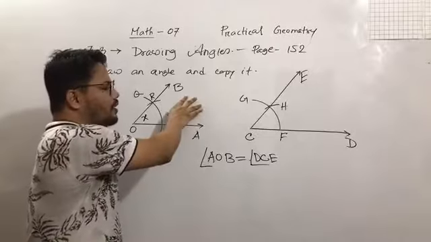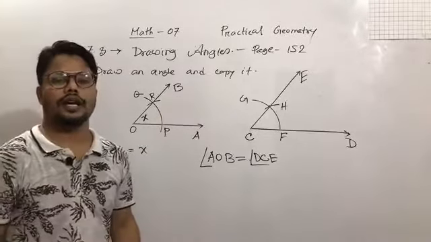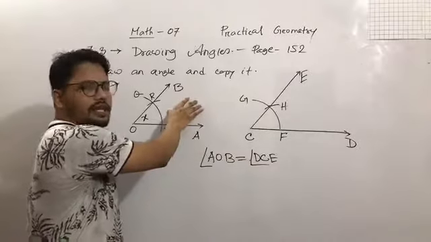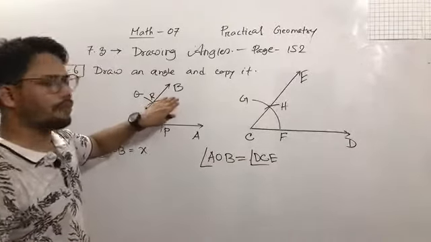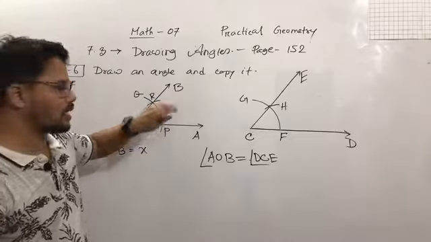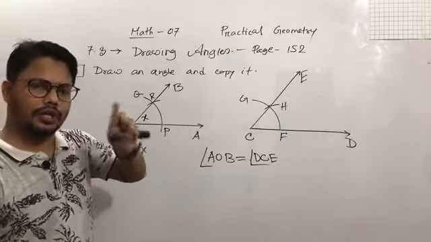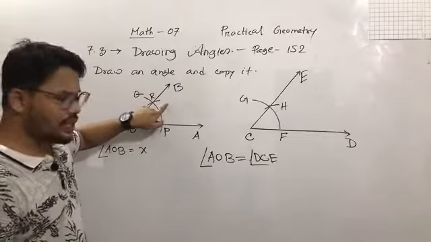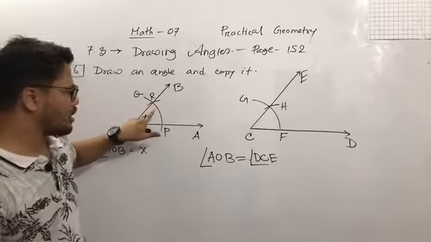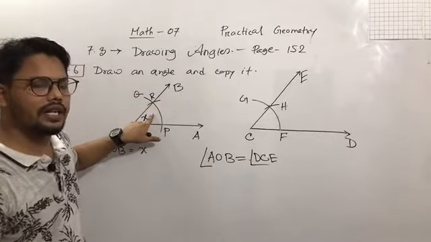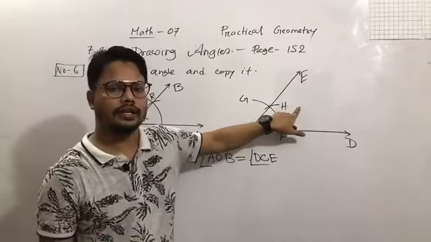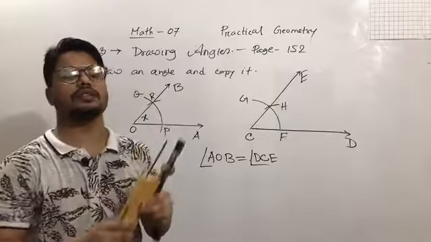This is actually the figure of how to draw or copy an angle. If I give you a 60-degree, 45-degree or 90-degree angle, you can draw it exactly, but if the angle is 25, 75, or X, and this information is given, then you have to draw this exact angle using the pencil compass.